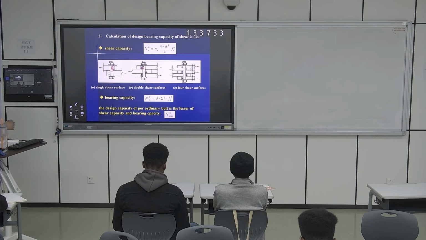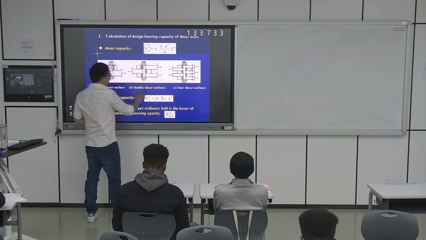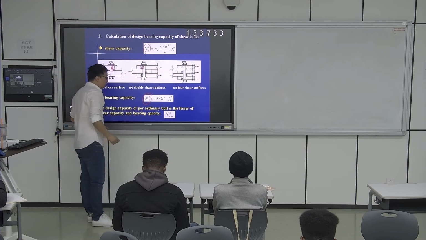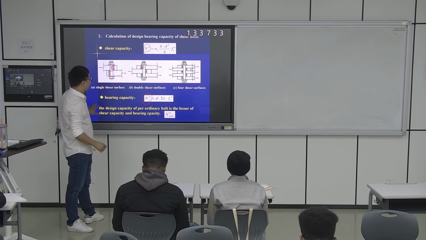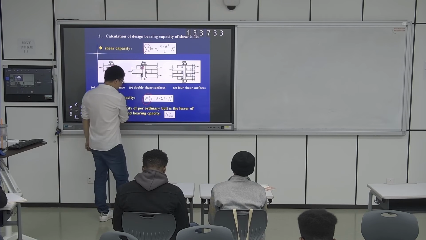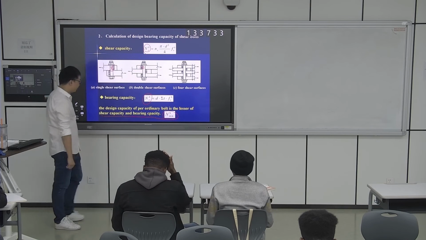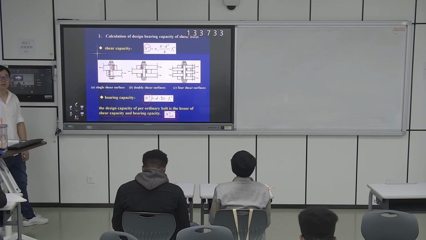Okay, now you calculate two forces, VB and CB. We choose the minimal value to determine the bearing capacity. Clear?